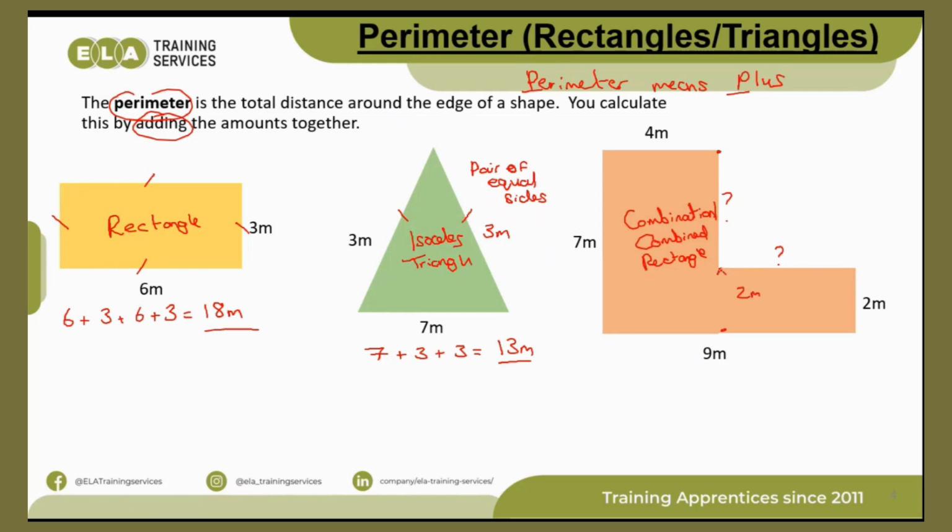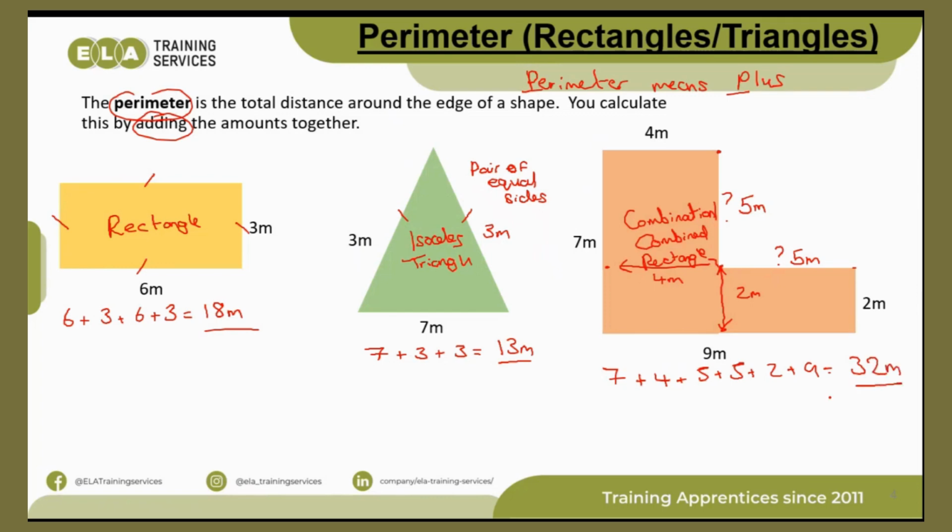So whatever we add to 2 metres must make 7, which is 5. And the same here, all the way across is 9, but from here to here is 4 metres. So whatever we add to 4 to make 9 is another 5. Now we've got our missing lengths, we can do the perimeter. So 7, add 4, add 5, add 5, add 2, add 9, gives us 32 metres. And that's how we calculate simple perimeter.